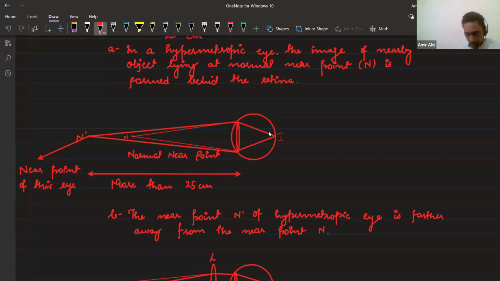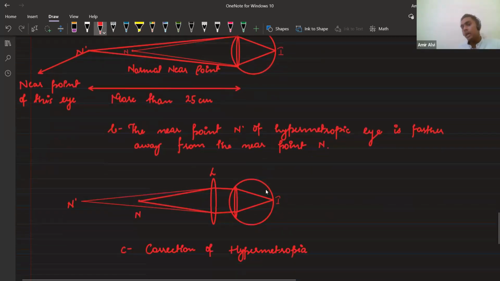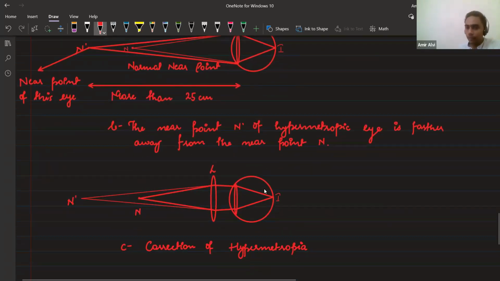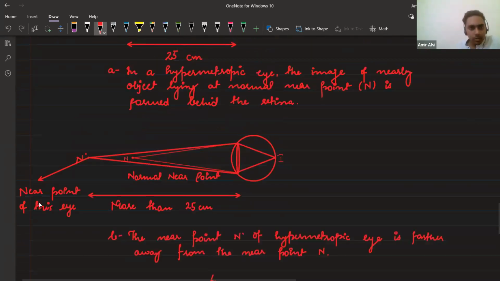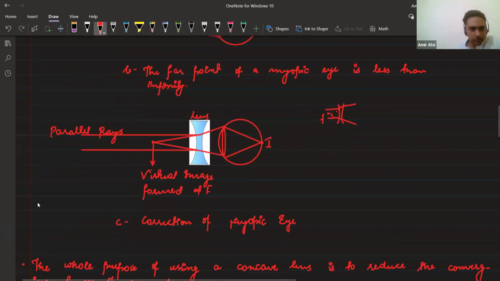Okay, Maha. The third case is to tell the invigilator that we have used a lens so that we can converge the light rays to some extent, so that the eye lens can converge the rays at the retina. The main purpose is to use the lens to increase the converging power. Sure, tell this. Okay, let me write it down here.